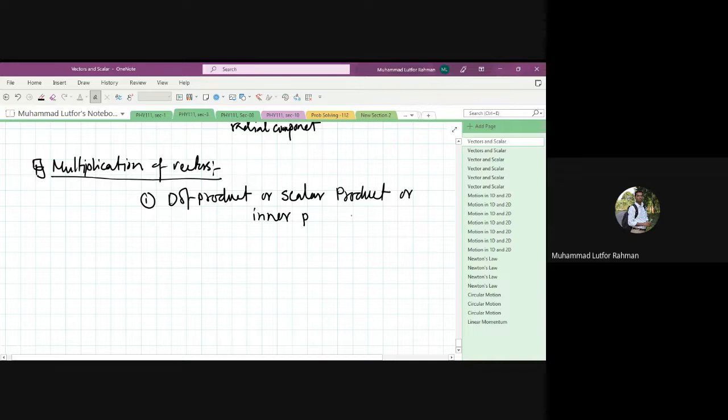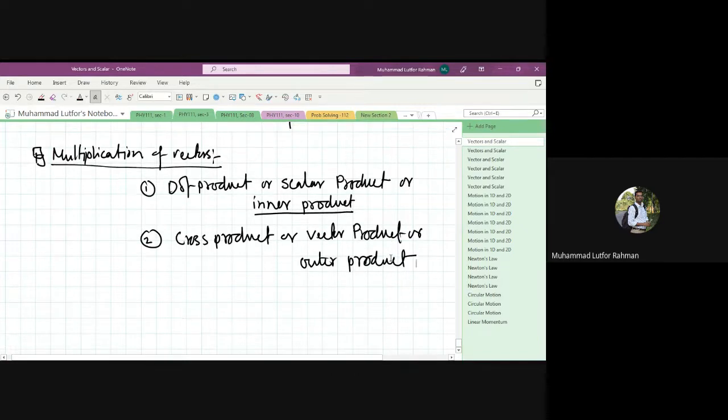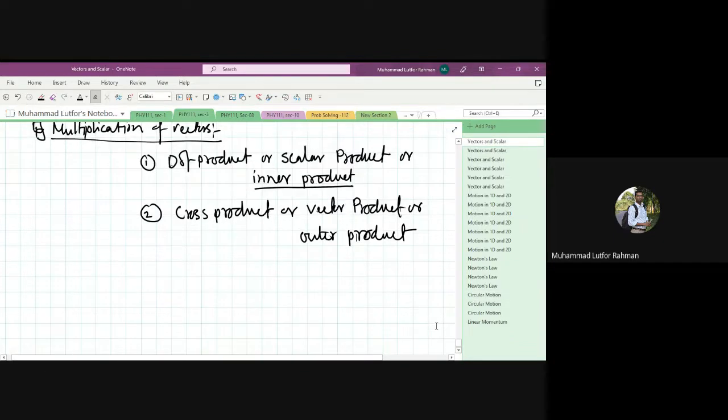We use that keyword in the case of quantum mechanics. In quantum mechanics language, we define the dot product as the inner product. And the second one we say is the cross product or vector product, or we can also say this is the outer product.